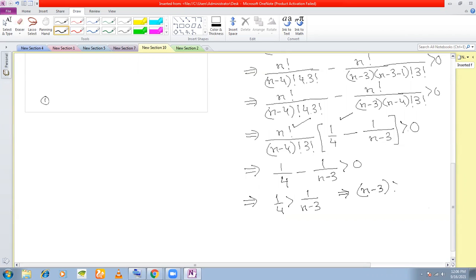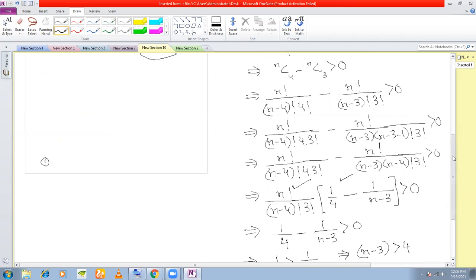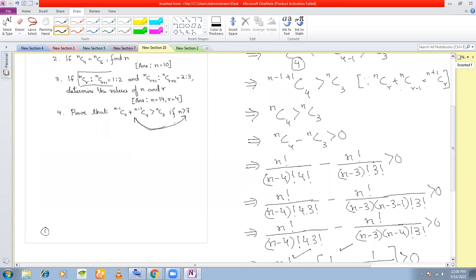So n minus 3 is greater than 4. So you're getting n is greater than 7, right? So therefore we have proved, we started from this and we proved that n is greater than 7. Okay, and let's move on to the next set of problems then.